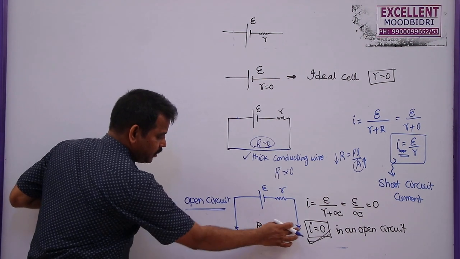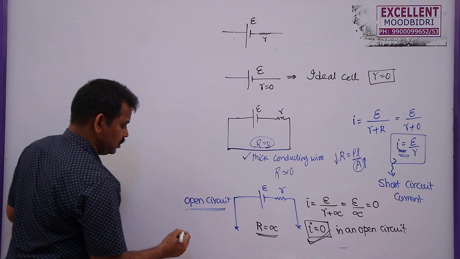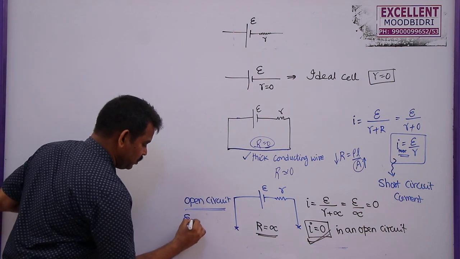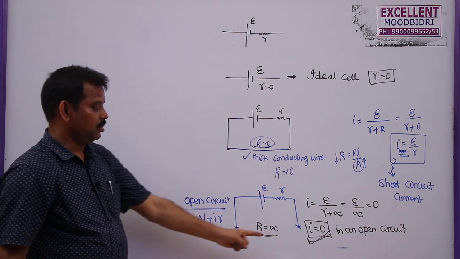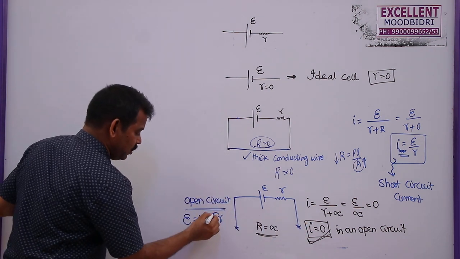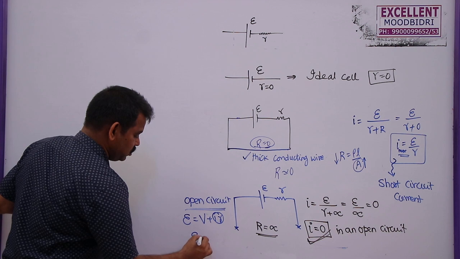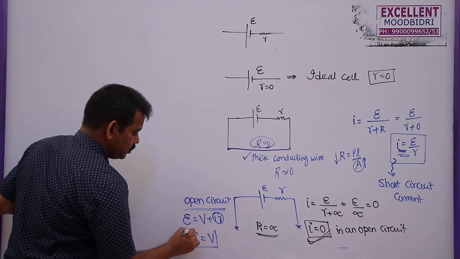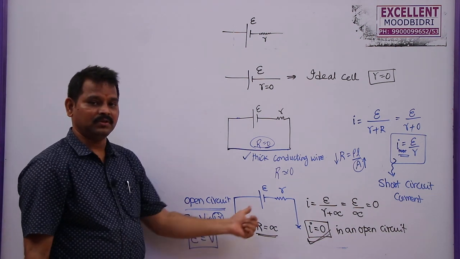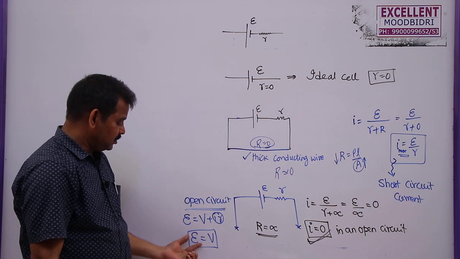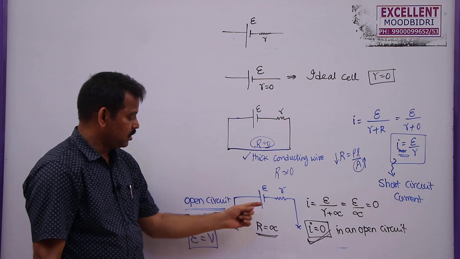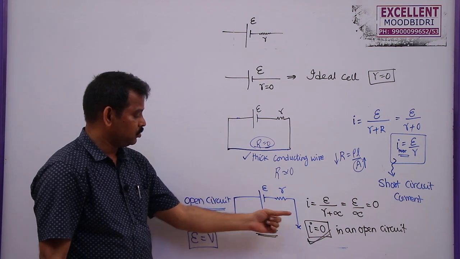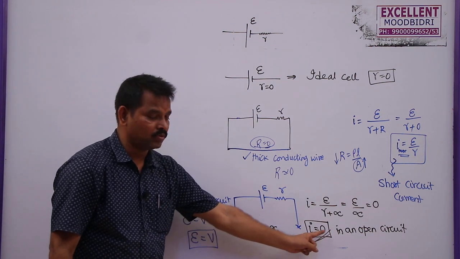When nothing is connected between the two terminals of a cell, we can write the formula E is equal to V plus Ir. As there is no current, I becomes 0, so E is equal to V. That is the definition of the EMF of a cell also. The EMF of a cell is the potential difference between the two ends of the cell when no current is passing through it, because in an open circuit the current is 0.